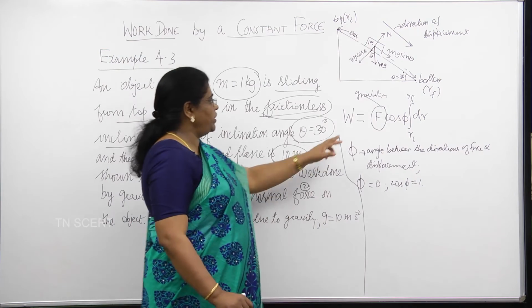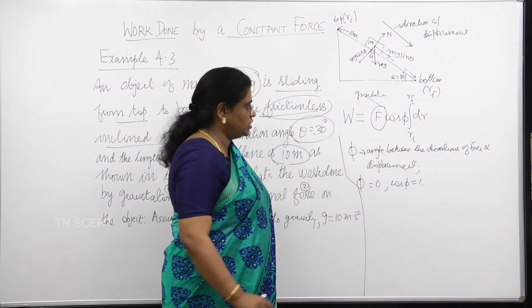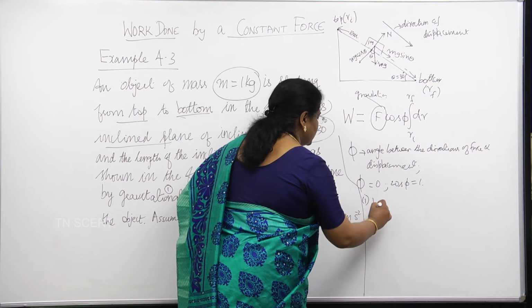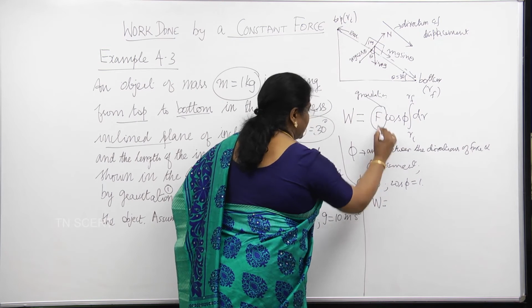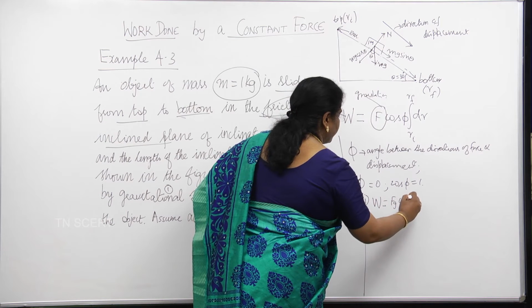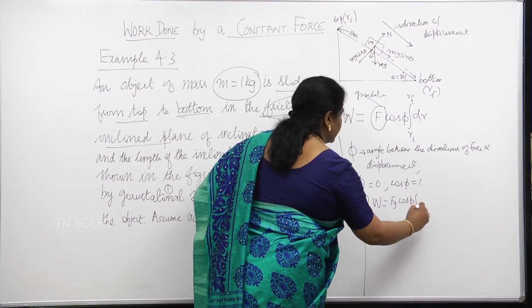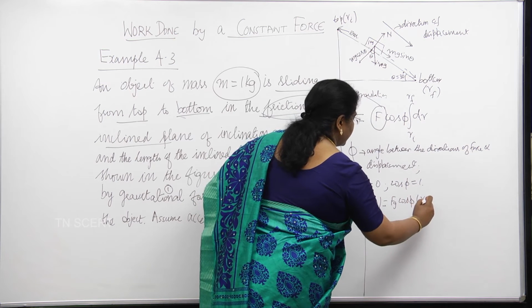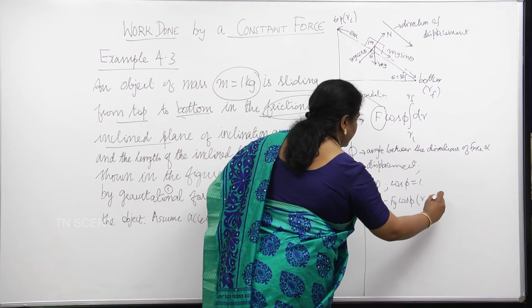So, let us see whether we have all the parameters and substitute in the work done. Let us deal with the first case. Work done is equal to F, the gravitational force, cos phi, integral dr, from r initial to r final.